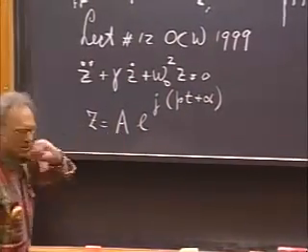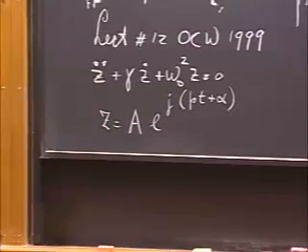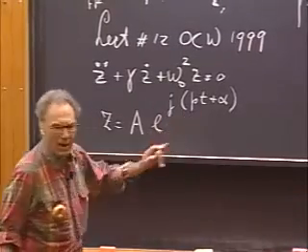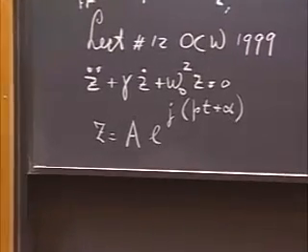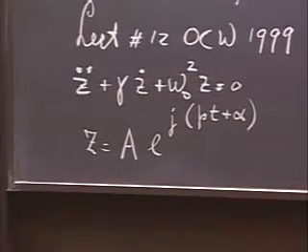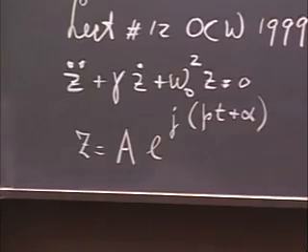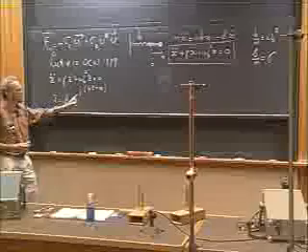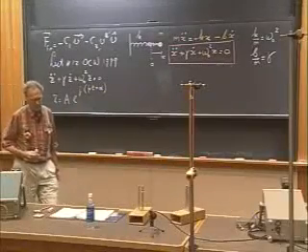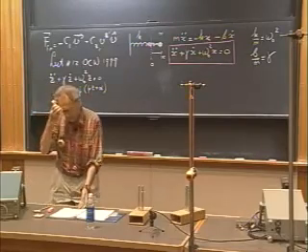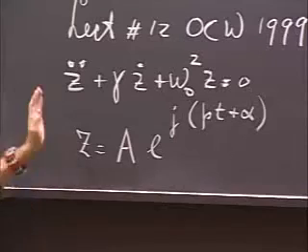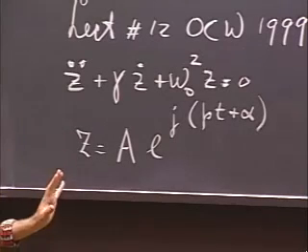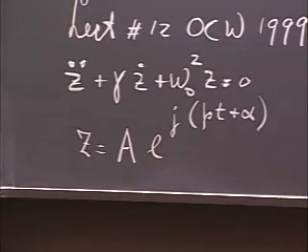Now clearly this has the smell of an amplitude, and anything e to the power j pt has the smell of a frequency. But you will see that you're in for a surprise with what happens with this p. Once we have found the proper solution for Z, we take the real part and we are in business. Then we go back to X.